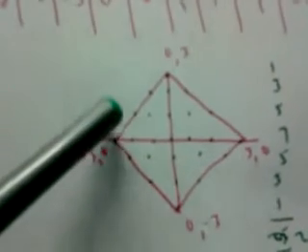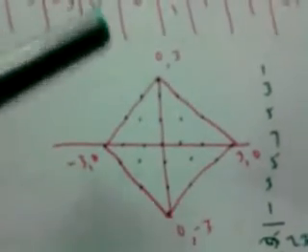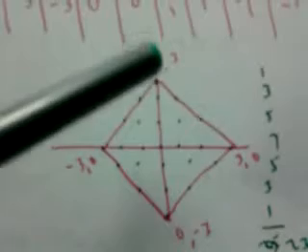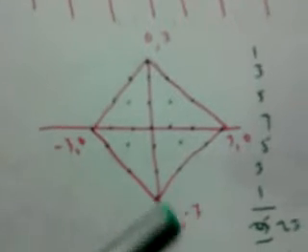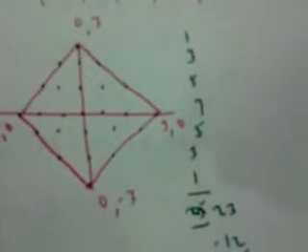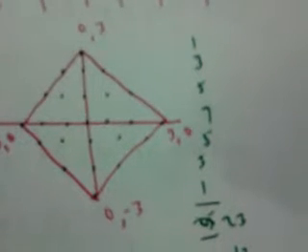Above that, you have 5 integer points. Even above that, we have 3 integer points, and above that 1. Similarly, below the x-axis, you have 5, 3 and 1 points with integer coordinates. So the total is 1 plus 3 plus 5 plus 7 plus 5 plus 3 plus 1, that is 23.